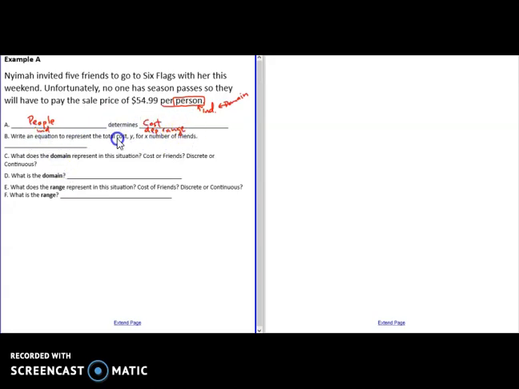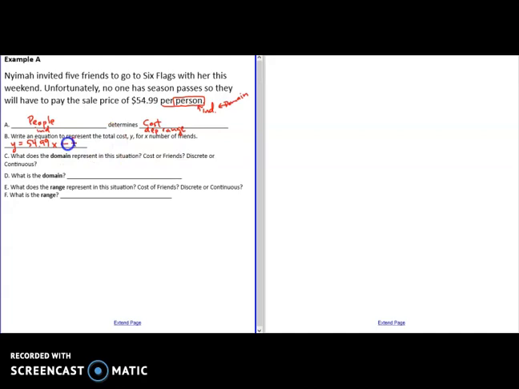All right, write an equation to represent the total cost y for x number of friends. So total cost y equals $54.99 per person. Per is multiplication, so per person we're going to do times x, where x is the number of friends.